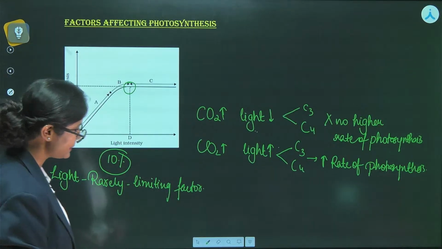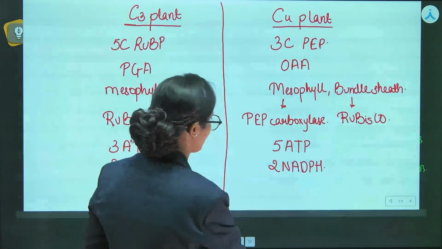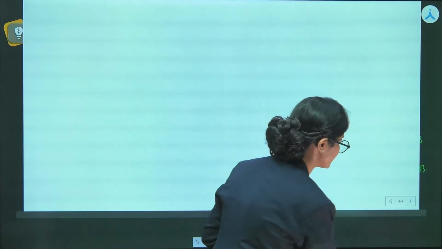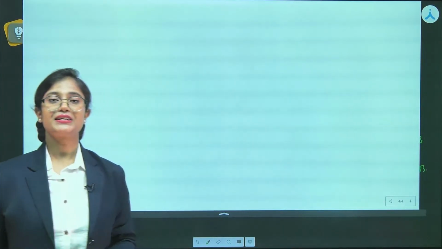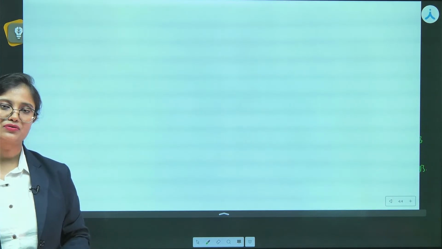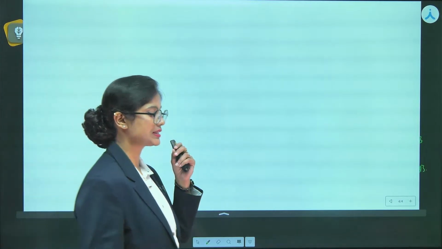Now if we see about the carbon dioxide concentration, how the carbon dioxide concentration will affect the rate of photosynthesis.